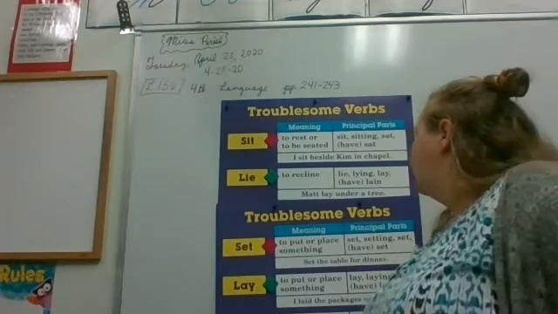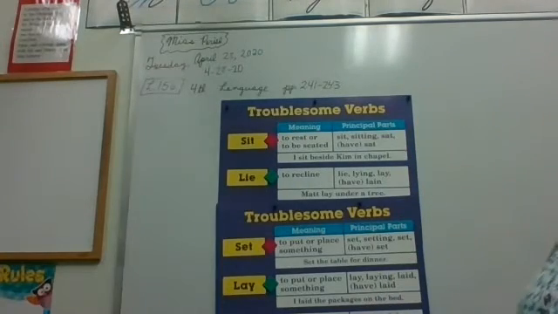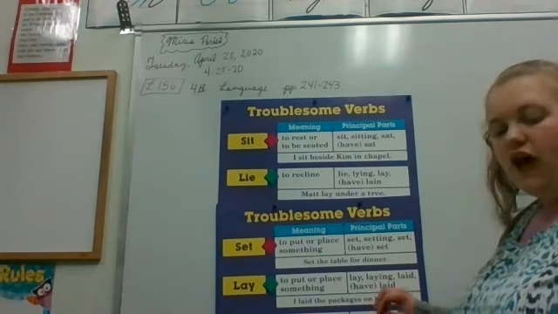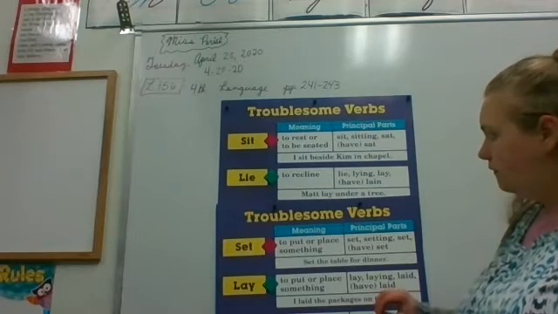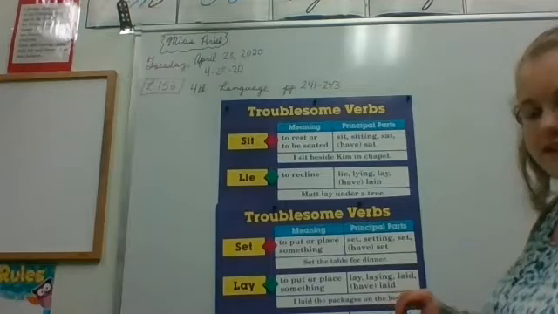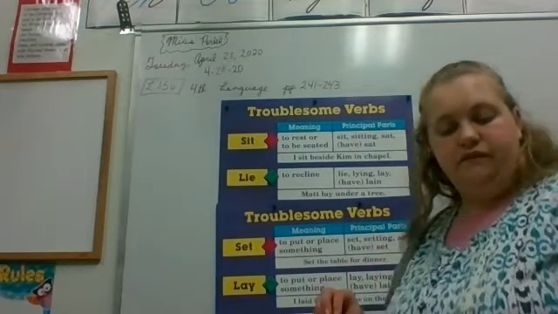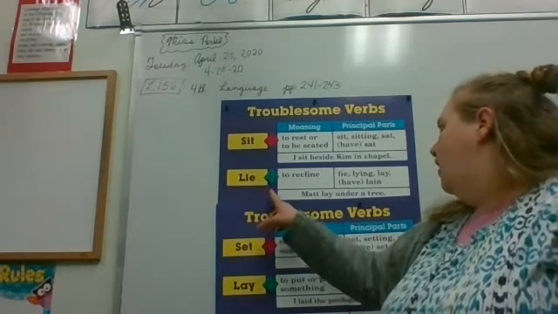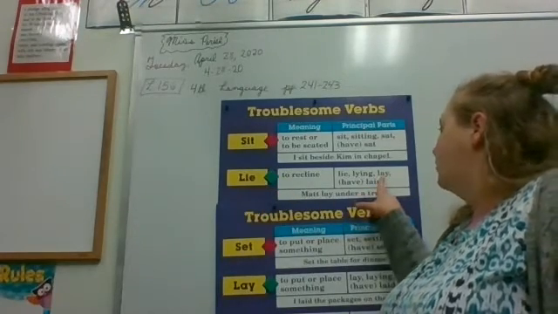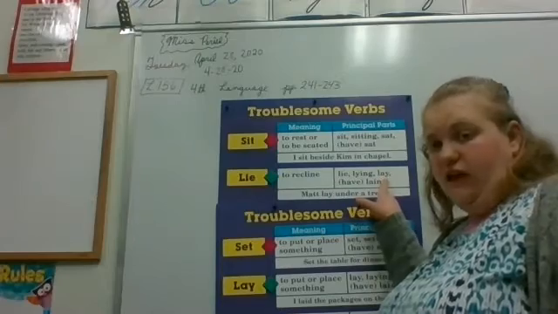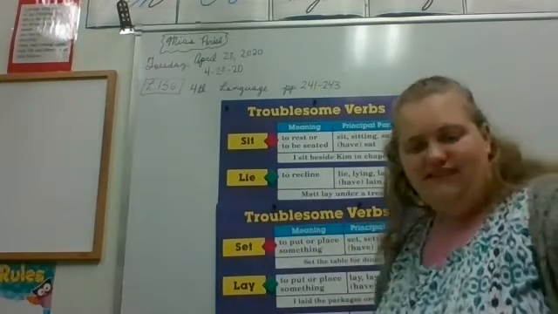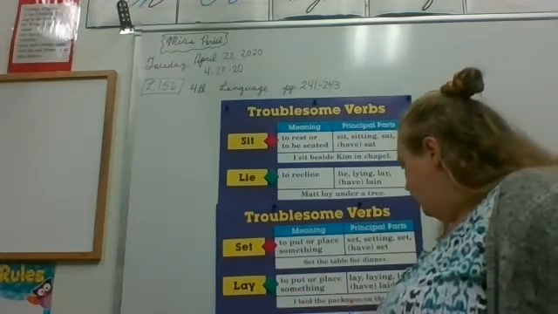Number two, the fly laid on top of the water until a big fish swallowed it, okay? Laid, where does that fall? Oh, it falls down here with lay. Was the fly being put or placed somewhere? Or was the fly reclining? The fly was reclining, right? So this should be lay, L-A-Y, in the lie, lay, not down here.